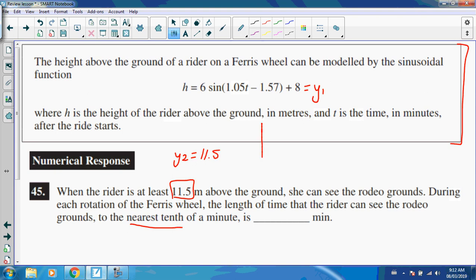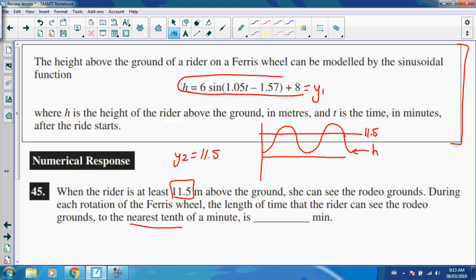And so in my calculator, I should see this function, something like this. Maybe it looks slightly different. And then 11.5 being this line here, and the curve here is our function h.